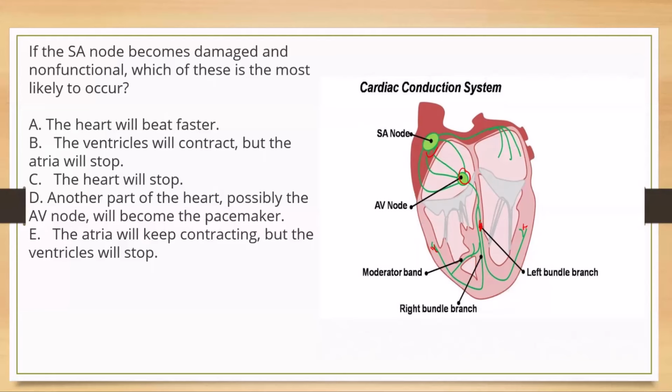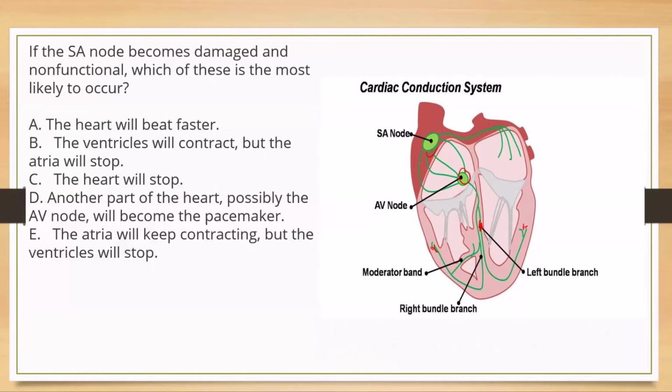Normally the SA node will beat at a rate of 60 to 100 beats per minute. So if your pulse or heart rate is around 60 to 100, it is coming from the SA node.